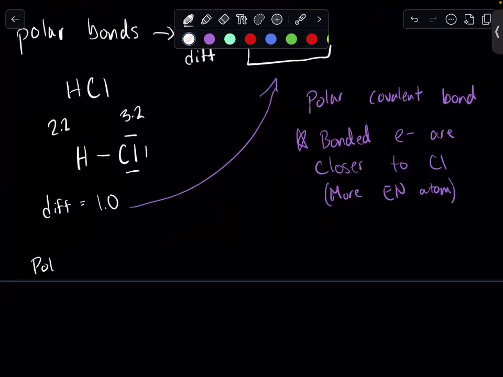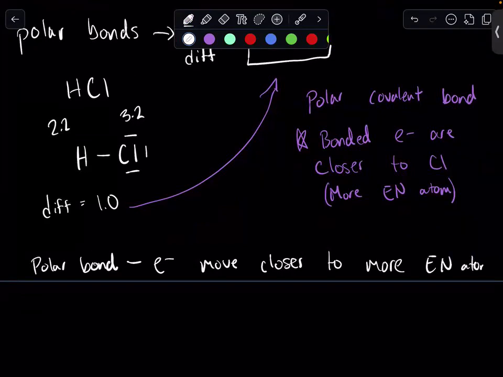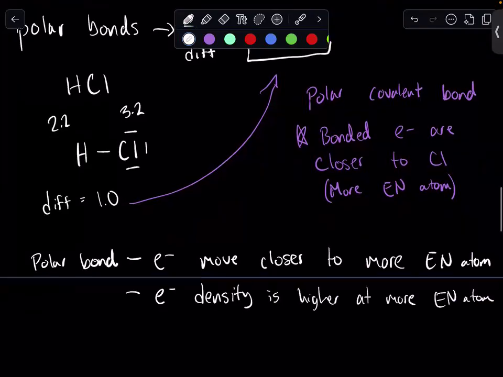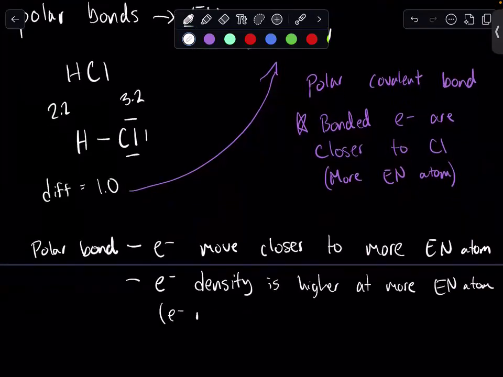So in this polar bond, a couple things happen. The electrons move closer to the more electronegative atom. When that happens, the electron density is higher at the more electronegative atom. What we might say is that it's electron rich.